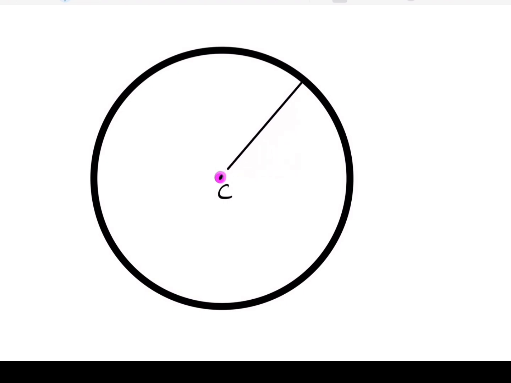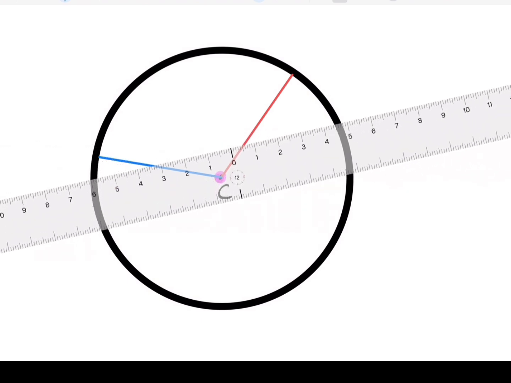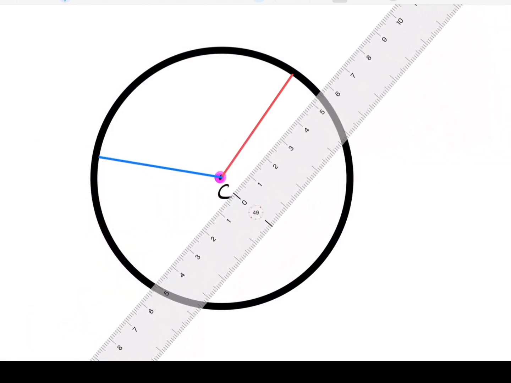So let's draw a line from the circle to the center of the circle. And let me draw another one. I'm using different colors, red and blue, from the center to any part on the circle. Now, I want to measure these lines just to show you that the center of the circle is equidistant from any point on the circle.